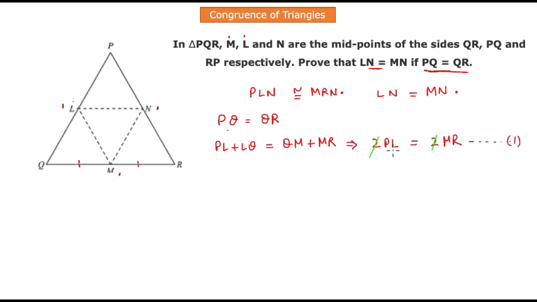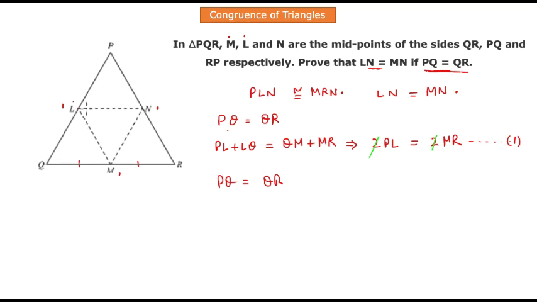Okay. Now let us take a look at the second finding. It is that we have PQ equal to QR in the triangle PQR. And there is a property in triangles which states that if there are two sides that are equal, then the angles opposite to those sides will also be equal.